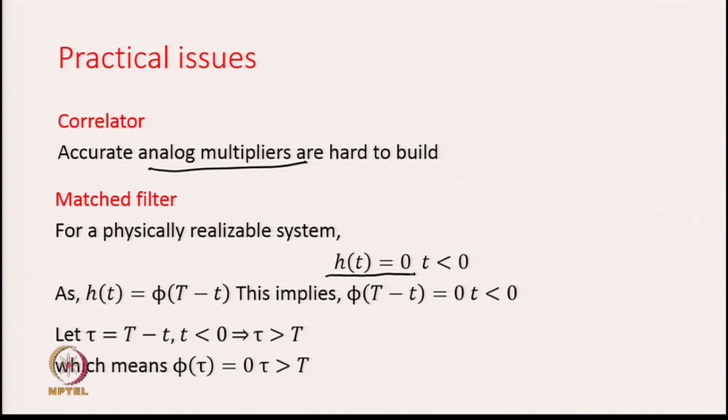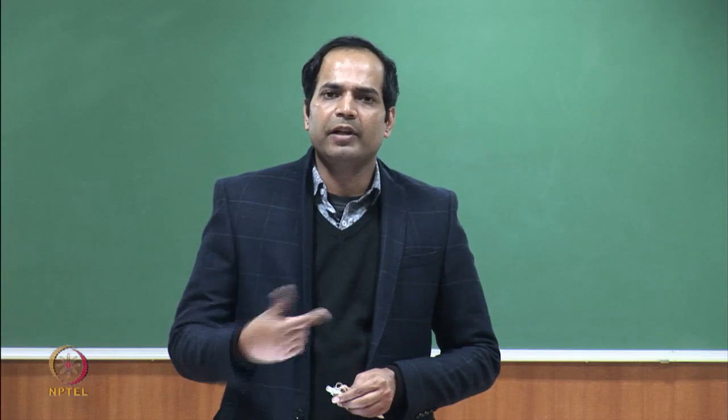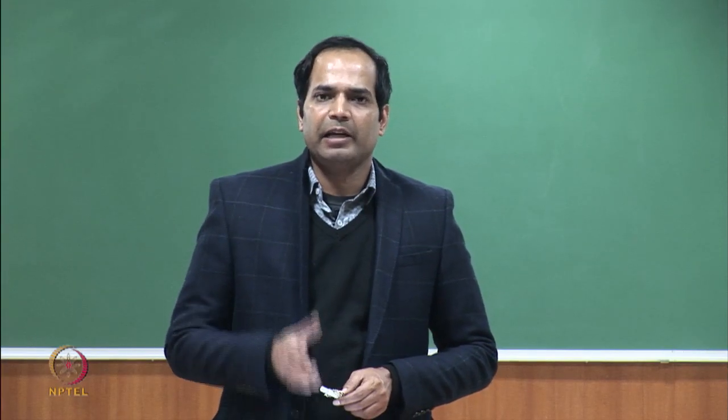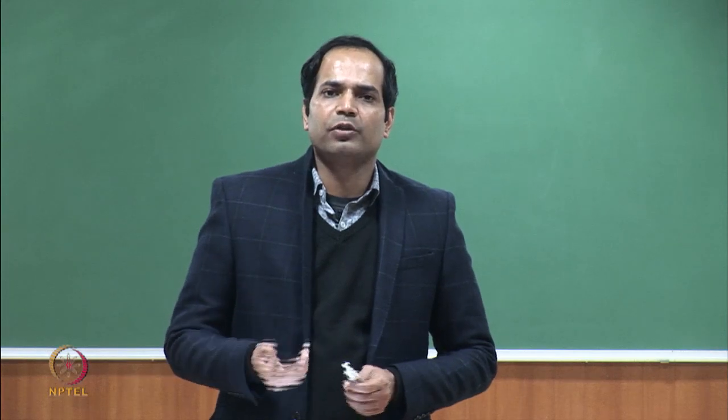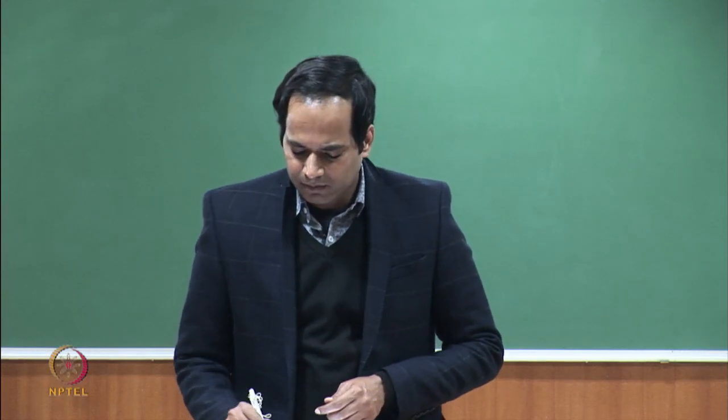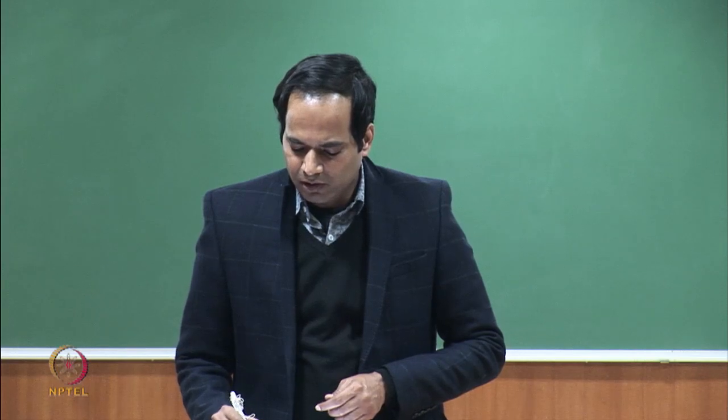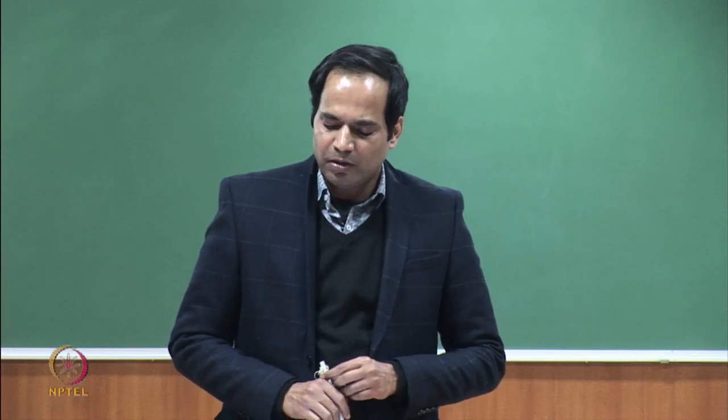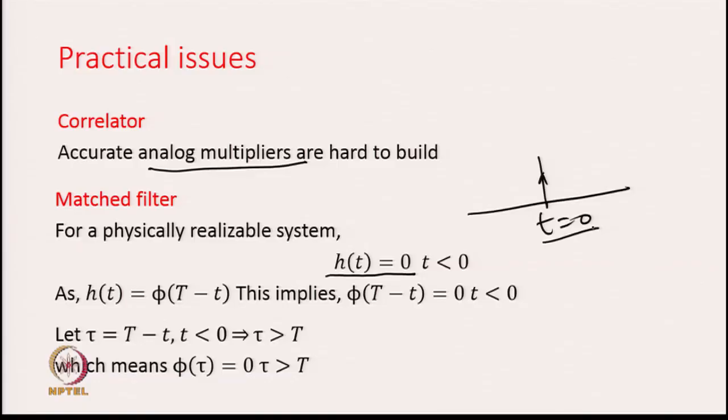And why is this? Because if a system is causal, it can only have a response to an impulse after the impulse is applied. Impulse response is the response of the system to an impulse. An impulse is applied at t equals 0. An impulse signal is a signal which has its effects at around t equals 0.